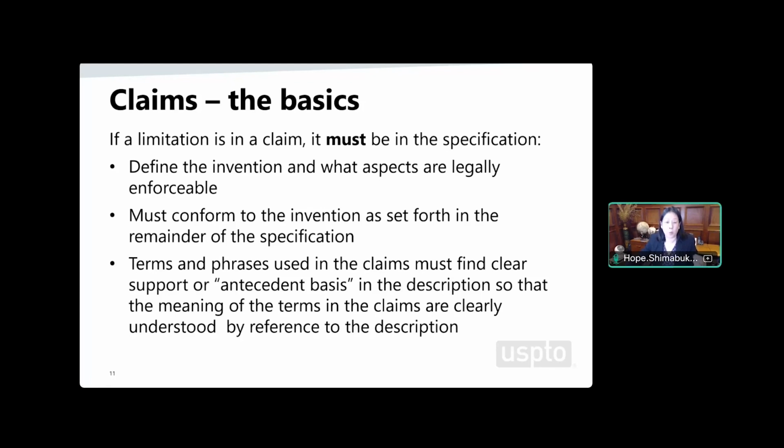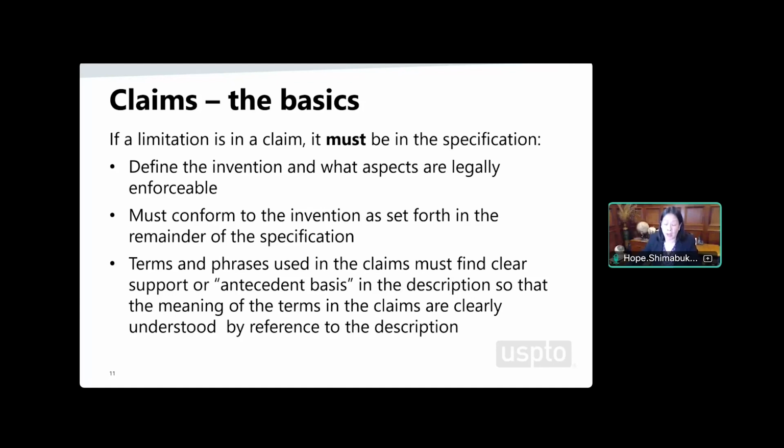Every word in your claim will be given a plain meaning or the broadest reasonable interpretation, and that is found in your specification. You can, as an inventor, be your own lexicographer, meaning that you can come up with a brand new word if you want, or a brand new definition for a known word.